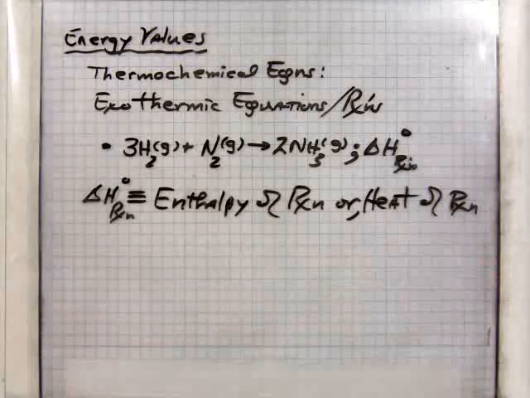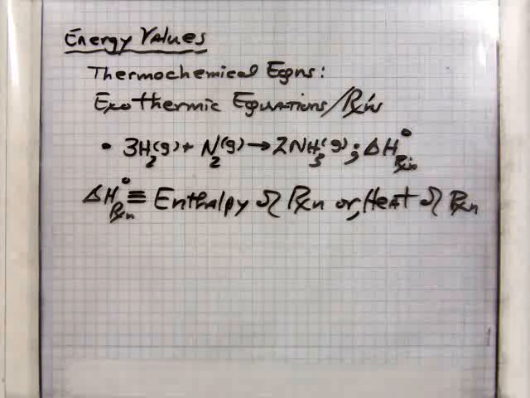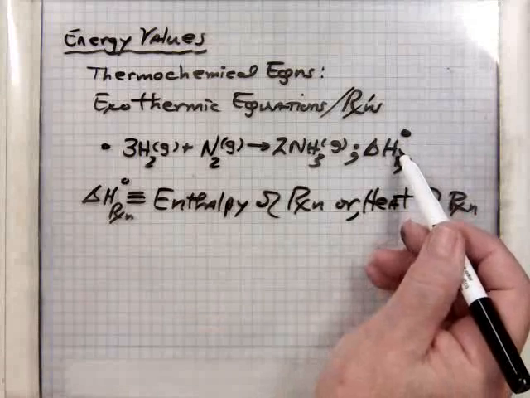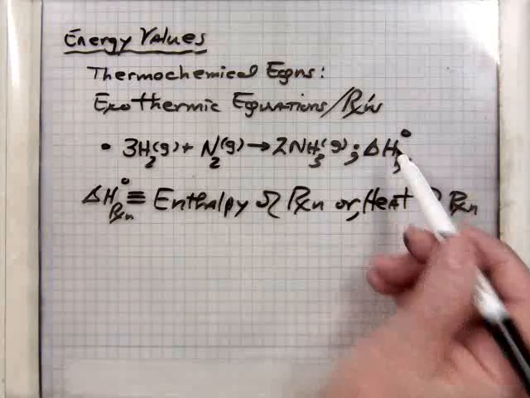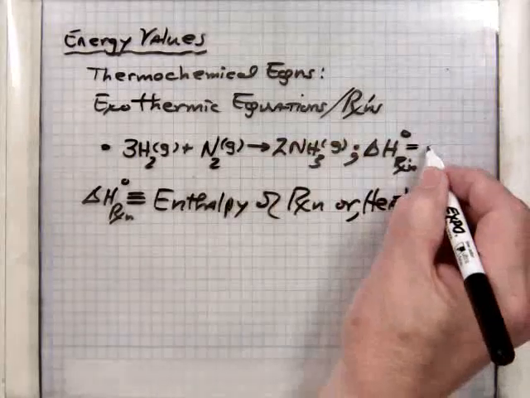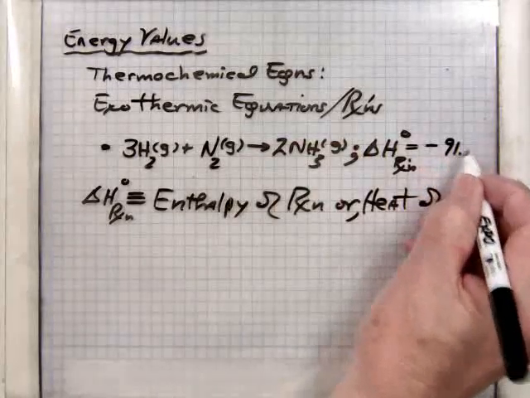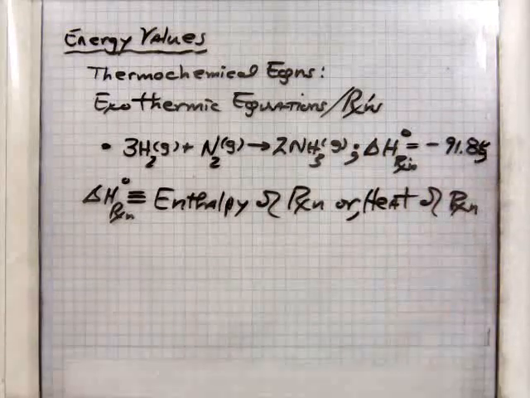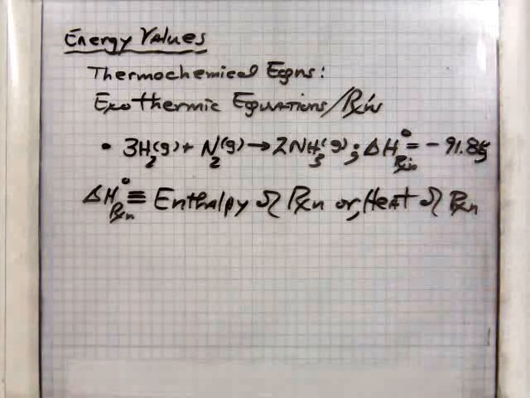Now, it's an energy number, and when we get to thermodynamics or thermochemistry deeper into the course, we will explain why the symbology is as it is. But right now, just accept the fact that H, capital H, is a heat of reaction. And in this reaction it is minus 91.8 kilojoules for that heat of reaction.